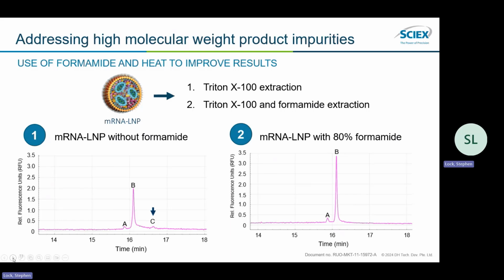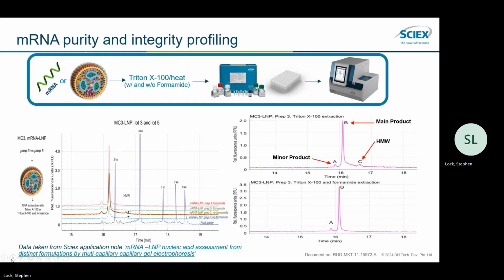By adding formamide to your sample in your extraction, that broke down this complex and removed this high weight complex. So the formamide aids denaturing of the RNA in the extraction, and removed this sort of ghost peak we saw, which is labeled C. So that's basically what we do now with mRNA, we tend to add formamide to help with denaturing. And again, there are application notes on the SCIEX website which go into this in more detail.